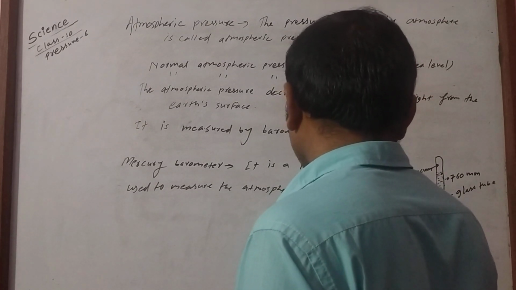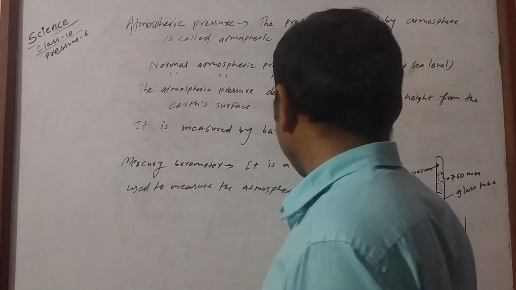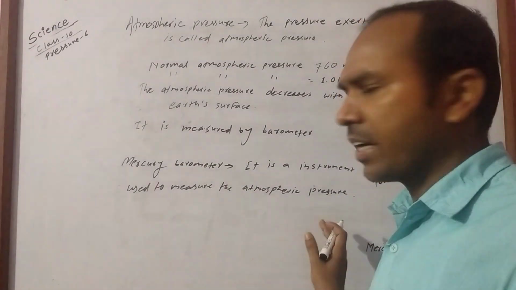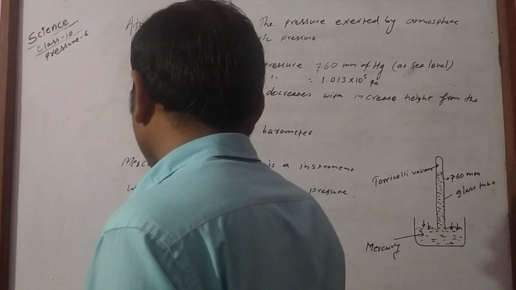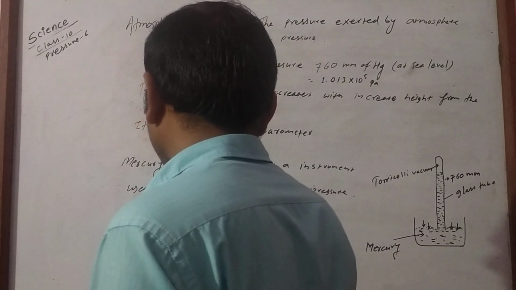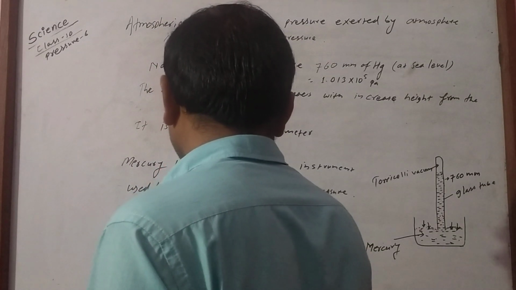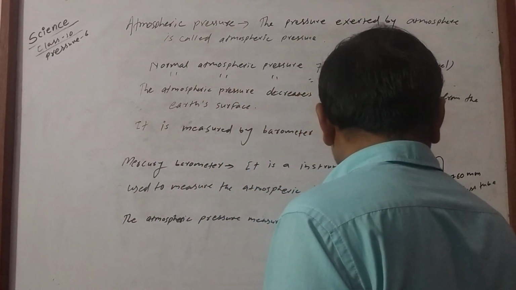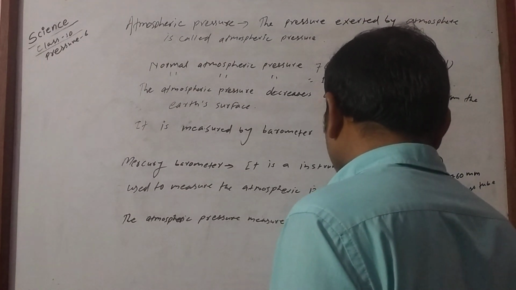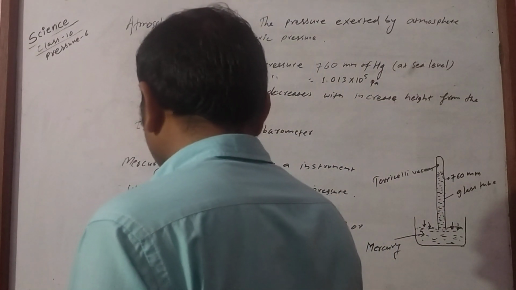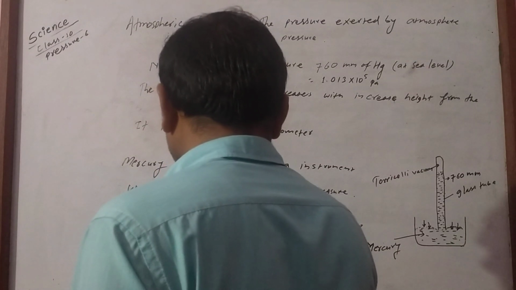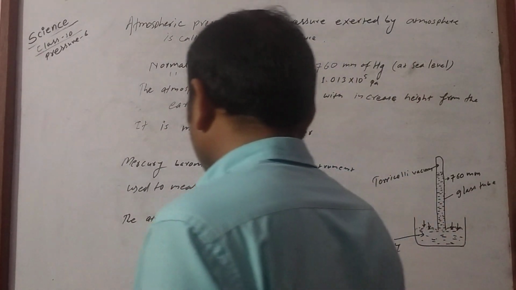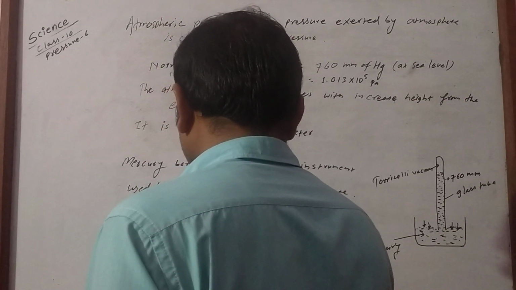Atmospheric pressure is measured in a mercury barometer by the rise or fall of the mercury column inside the glass tube.